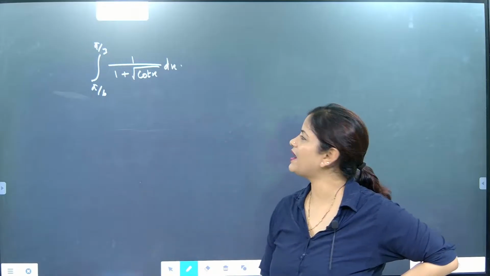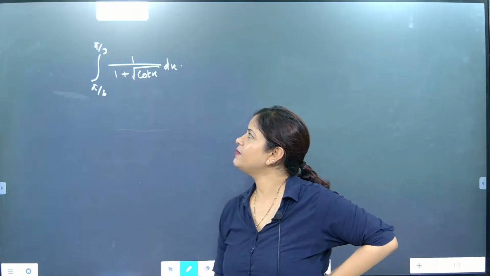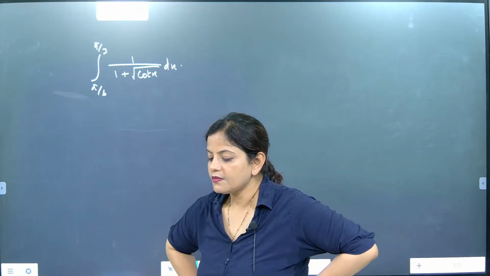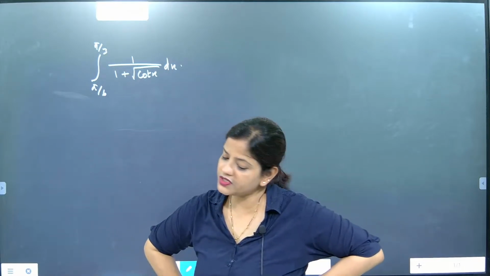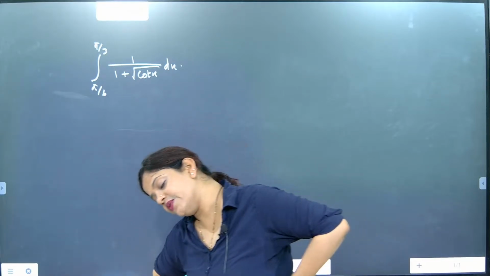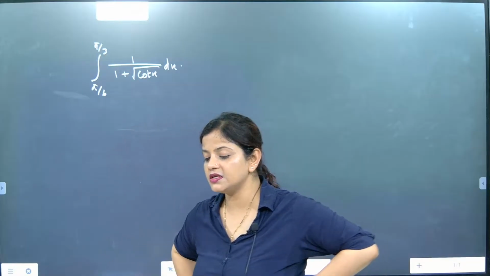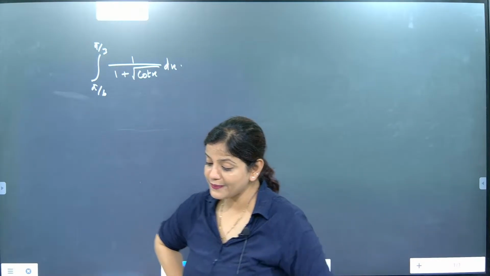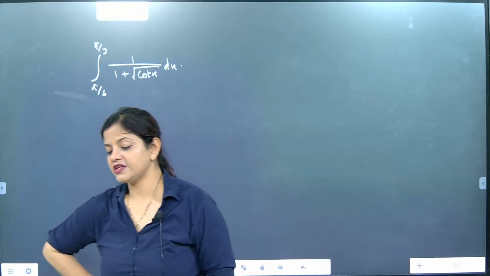Is it visible? Pi by 6 to pi by 3, 1 by 1 plus root under cot x. This question is already an NCERT question. This question came in examination. So overall, this is an important question for you. So we will be solving this type of question first.